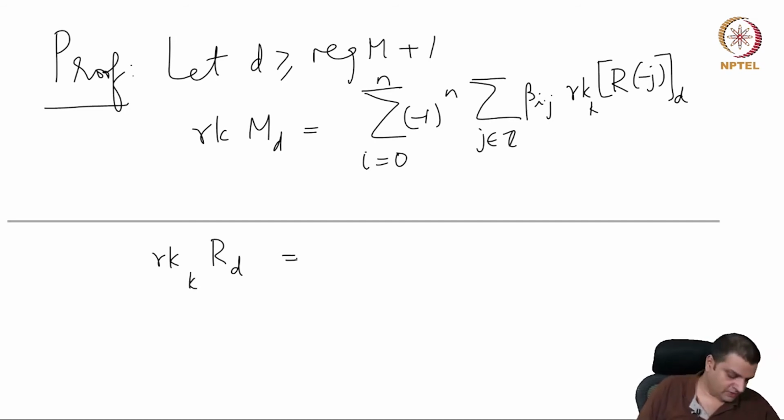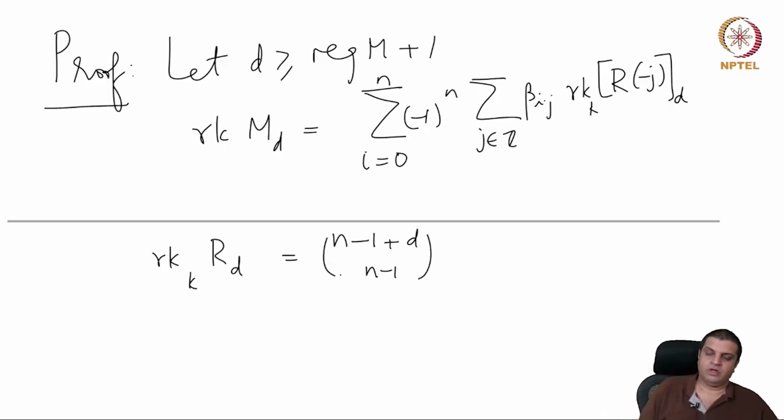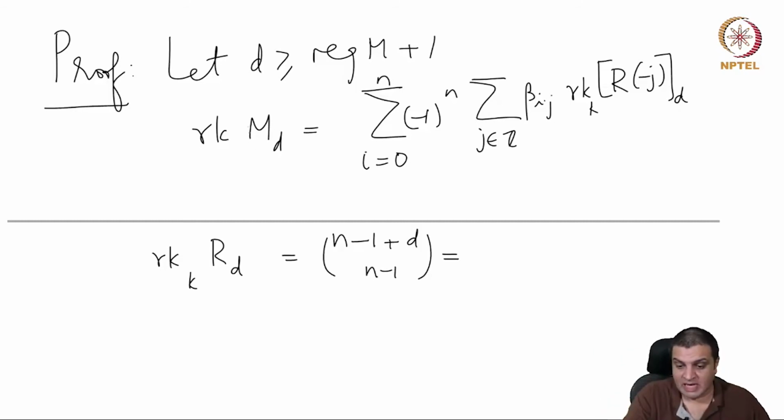There are n variables, so it's going to be (n - 1 + d) choose (n - 1). This one can be proved by induction. If you think about this function, let's write it as a function in d. We are saying that this rank can be written as a polynomial in d.